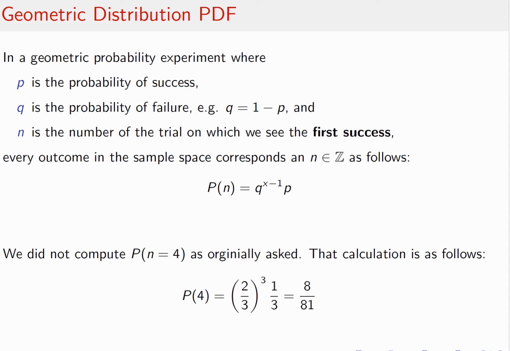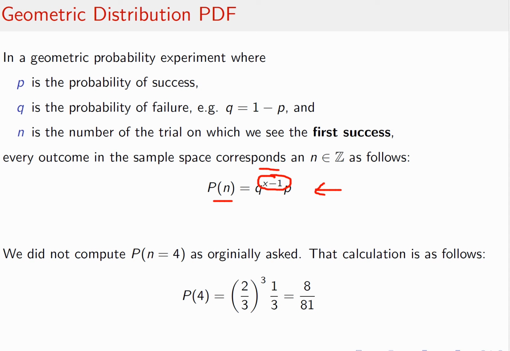Okay, and the original question did ask about what's the probability that N equals 4, and we can just plug and chug in the formula from above to see the answer, right, if we plug in. And sorry about this, I did X equals 1 and N here, but those are supposed to be the same variable, so this should be N minus 1 up here.